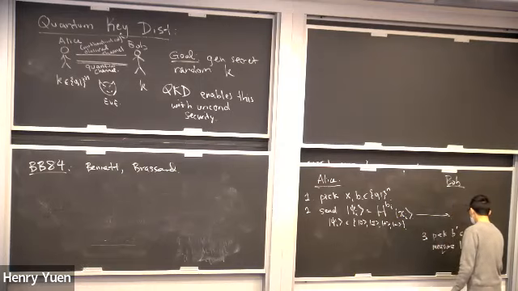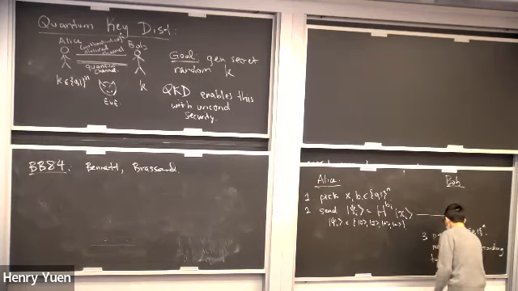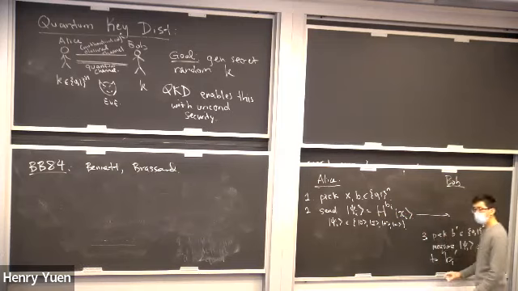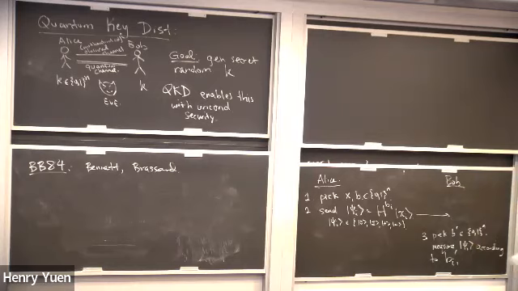So he's going to measure psi i according to basis bi prime, which is his guess, and then he stores the outcome as xi prime.